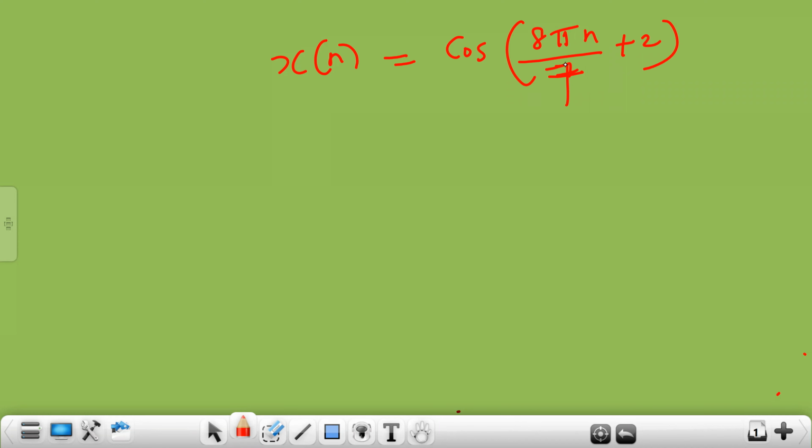Check whether the given signal is periodic or not. If periodic, find the fundamental time period.